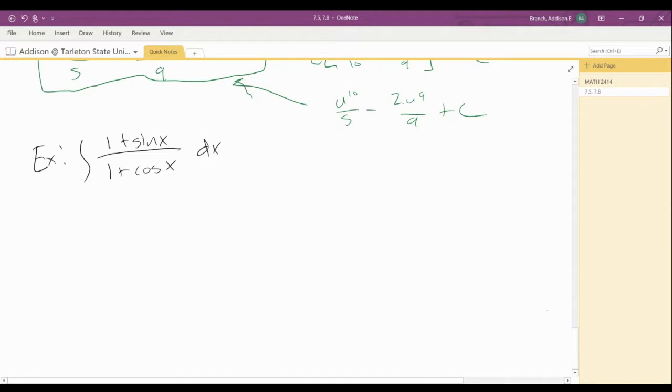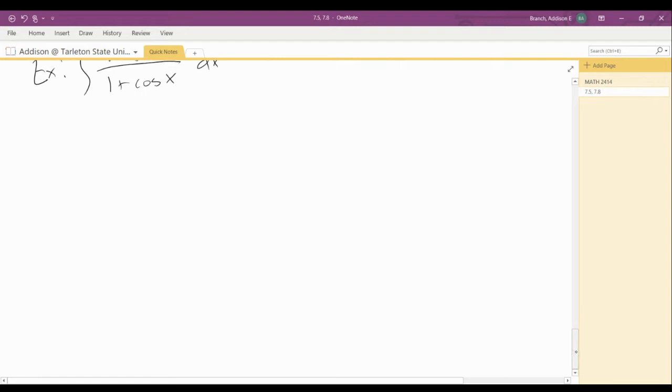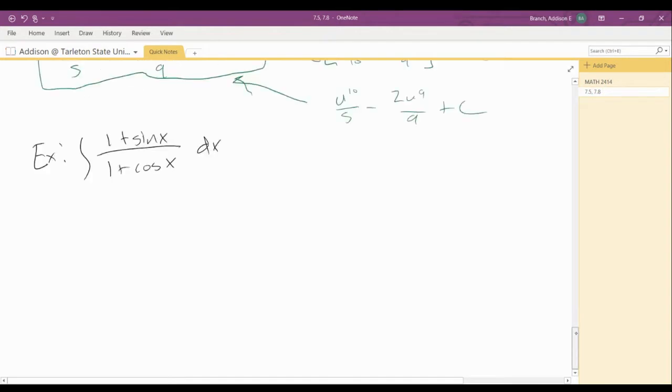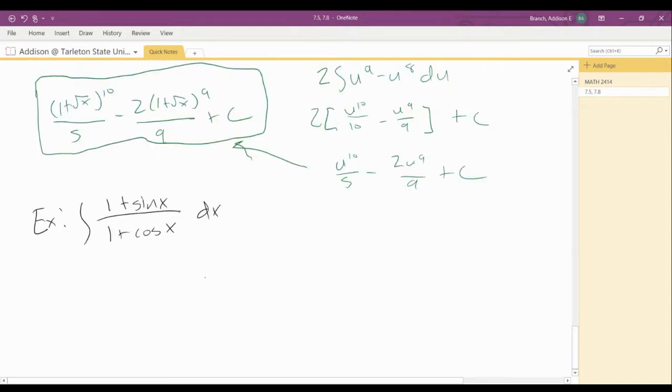You can try that method at home if you want, but what I thought of was, what if we tried to manipulate this function by multiplying it by 1 minus cosine of x over 1 minus cosine of x.